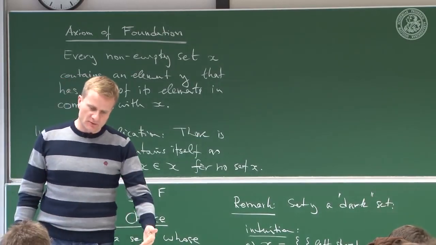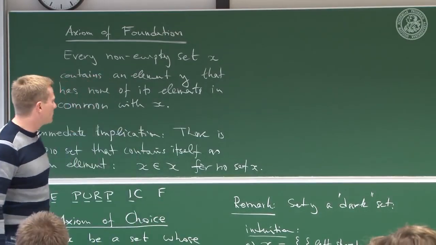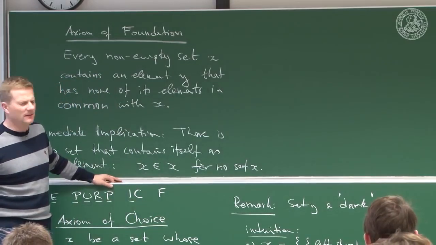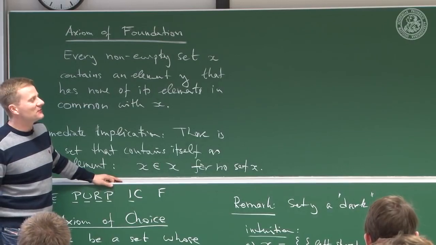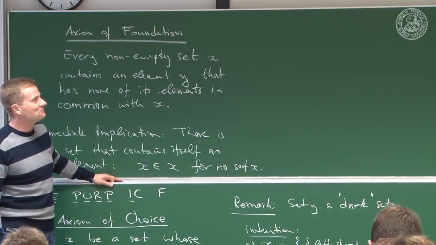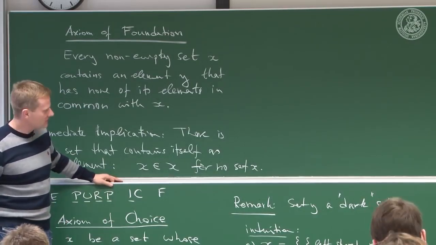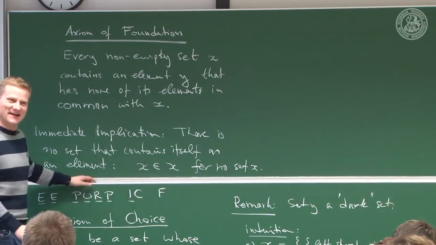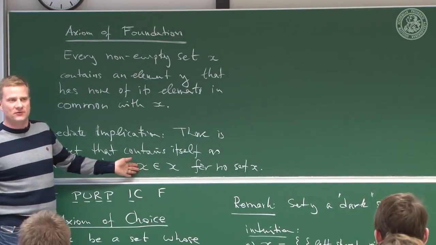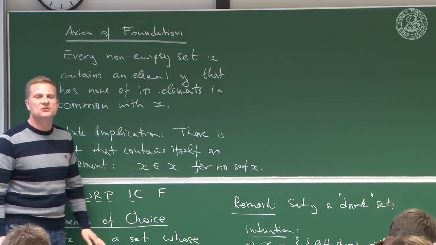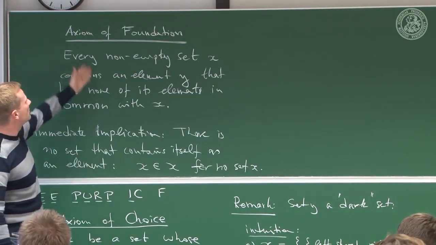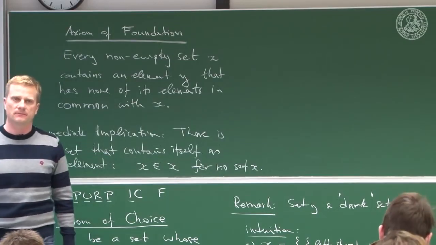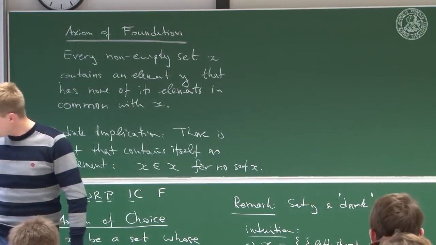We also couldn't include it by a universal principle of, what was it called? Comprehension. Thank you very much. Because there is no universal principle of comprehension. There's only a restricted principle of comprehension. So after all, the axiom of foundation has to take care of that. Okay.